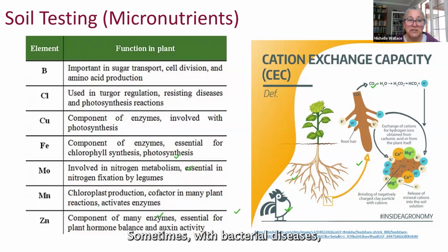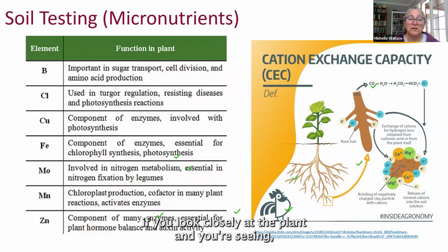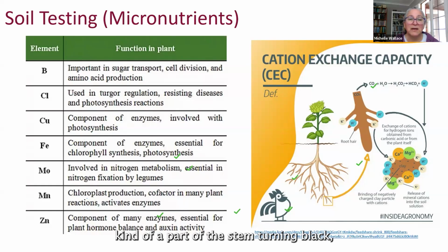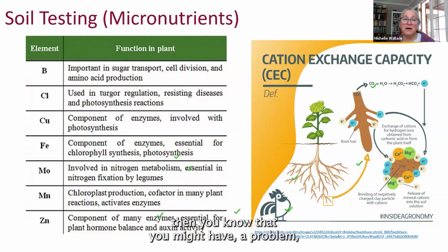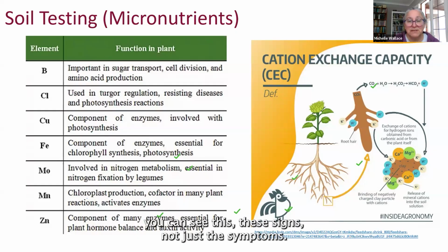Sometimes with bacterial diseases, if you look closely and see part of the stem turning black, you could take a knife and cut it. You want to clean your knife afterwards. If you see the center of the stem has turned black, then you know that you might have a disease problem. With fungal diseases, you can see these signs, not just the symptoms.